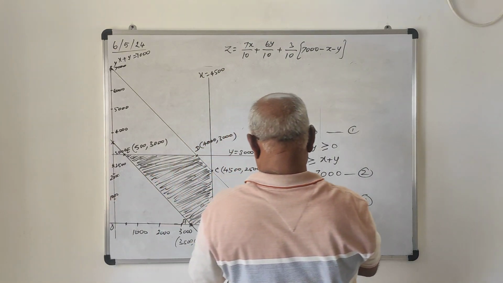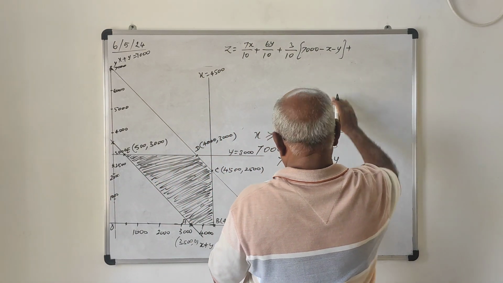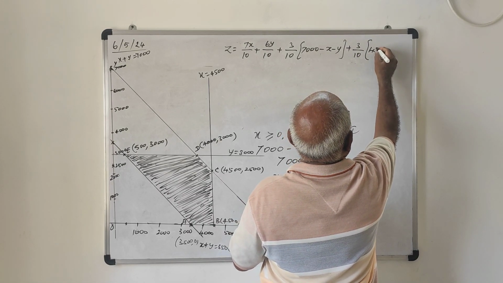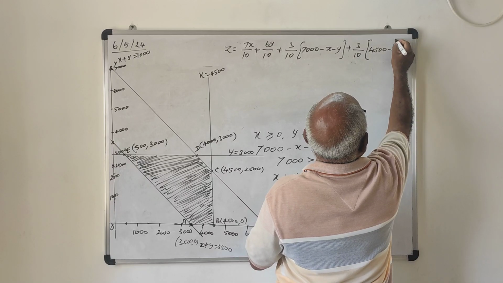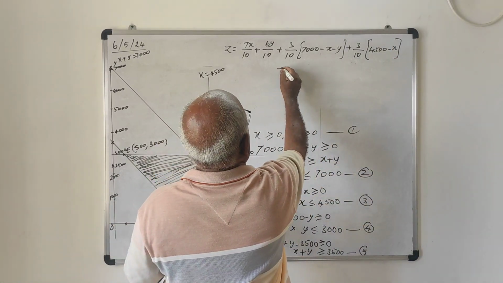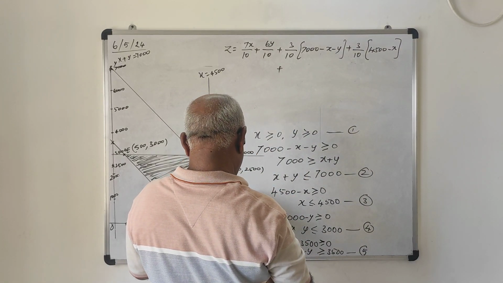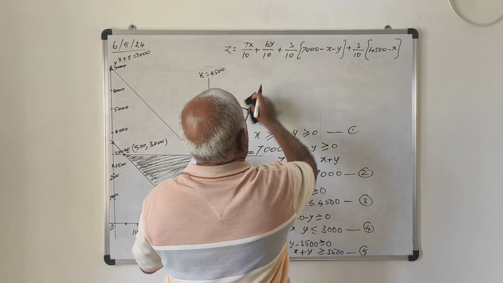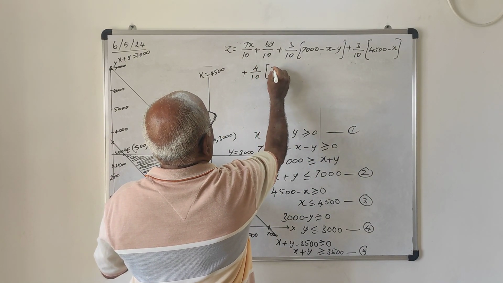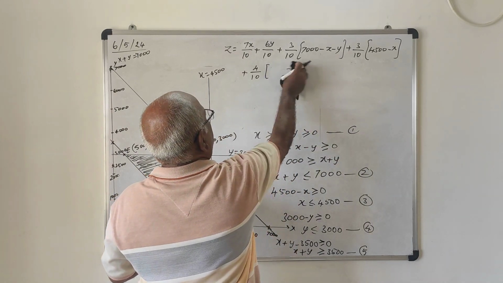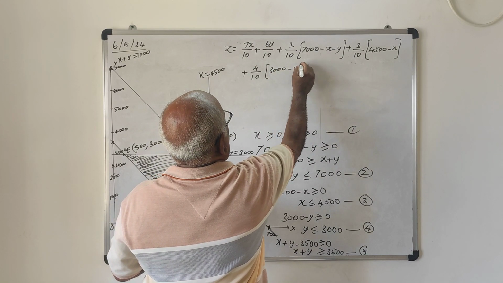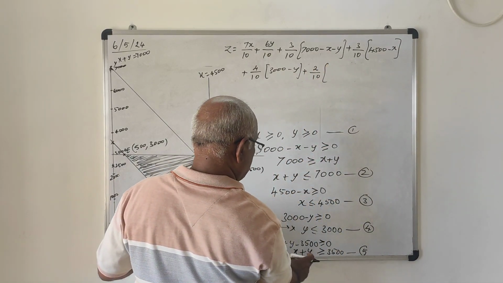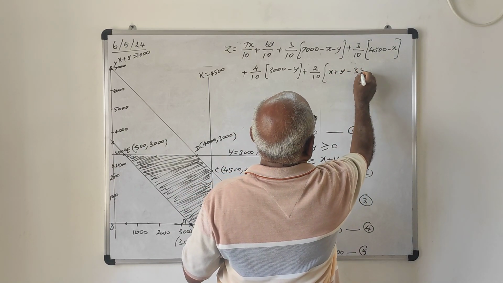And the fourth one, plus 3 by 10 into (4,500 minus x) plus, further, 4 by 10 into (3,000 minus y), plus 2 by 10 into (x plus y), minus 3,500.